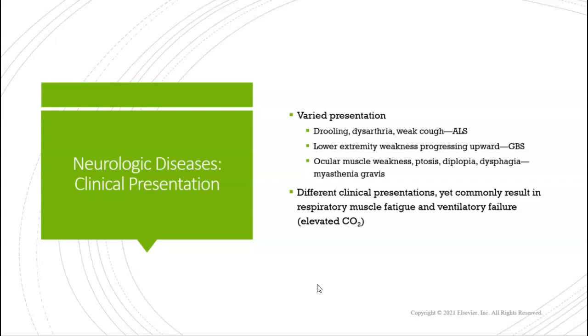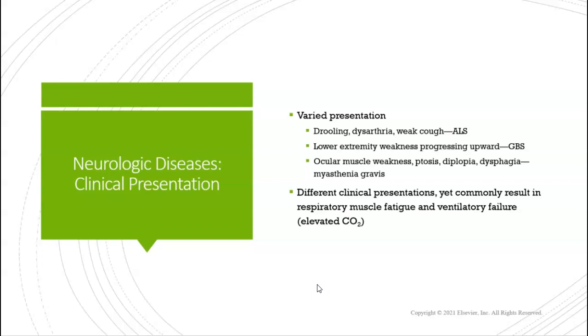With ALS, usually these patients have a weak cough, and they might be drooling. With Guillain-Barré syndrome, the big hallmark is lower extremity weakness that's progressing upward. I always remember somebody taught this to me once: Guillain-Barré is ground to brain, so lower extremities, periphery, up to the head.